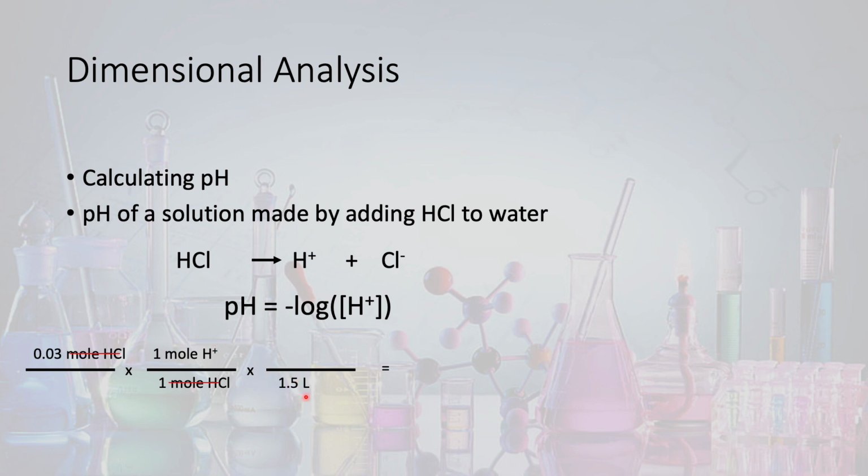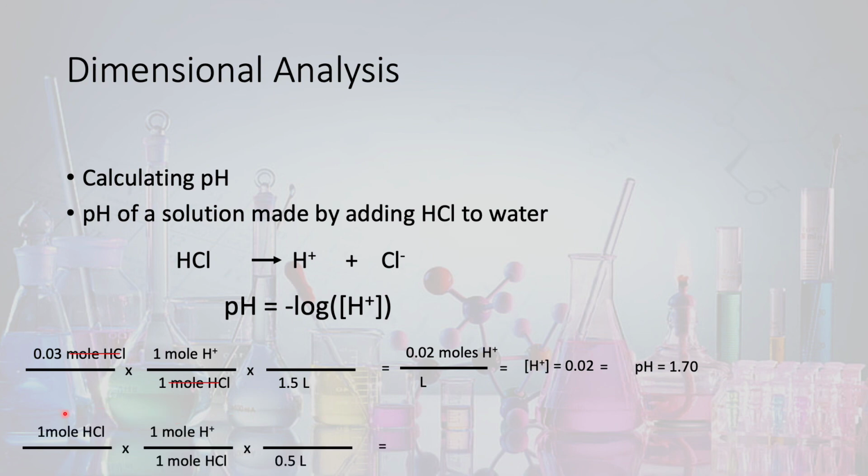If we divide that by the volume of our solution, 1.5 liters, you can do the math. We are left with 0.02 moles hydrogen ions per 1 liter water. So the concentration of our hydrogen ions is 0.02. If we plug this into our pH formula, we arrive at a solution with a pH of 1.7.